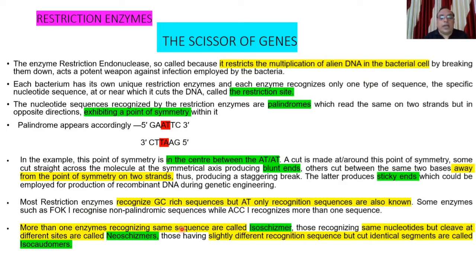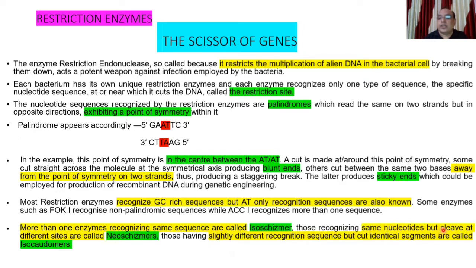There are other enzymes, isoschizomers. Enzymes that recognize the same sequence. Two enzymes which recognize the same sequence are called isoschizomers, whereas some cleave at different sites, although they have the same recognition segment, producing different fragments.